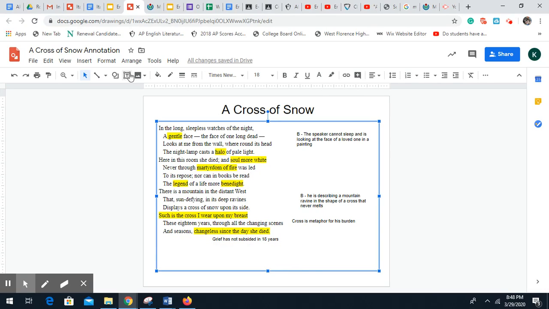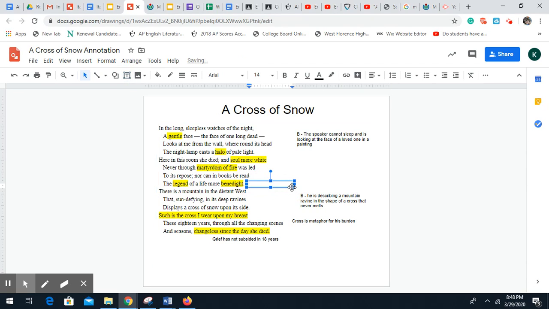So, some other things I might do as I was going through, we talked about these, but we didn't write them out. Benedict means blessed, of course. We talked about soul, more white, representing that he sees her as pure and good. The halo shows that as well.